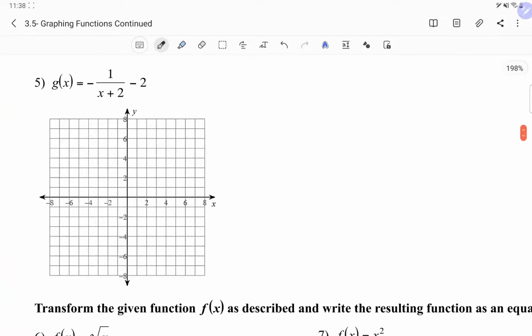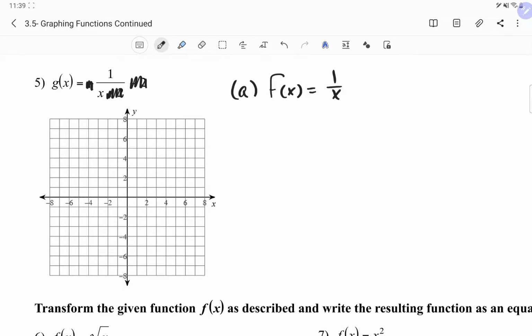Let's take a look at this last one before we move on to transforming them by hand. Again, we're going to focus on taking away all of the transformations. So I'm going to take this, this and this away, and we're left with what we call the reciprocal function, or a fractional function. The reciprocal function is probably the most difficult one to actually graph.